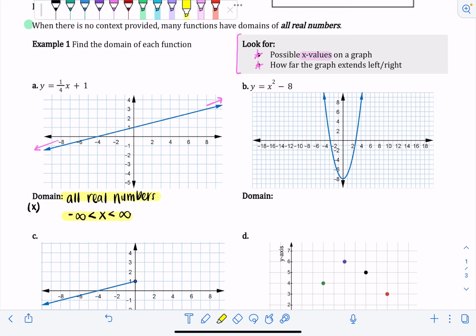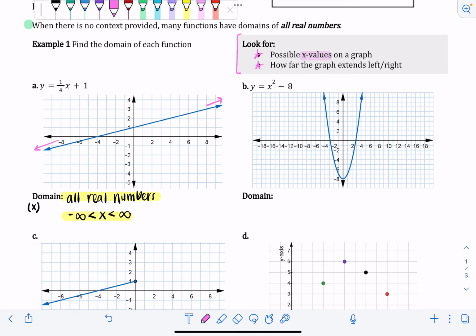Okay, and then for B, our equation is y equals x squared minus 8. So again, look for the possible x values on the graph, or you could look at how far the graph extends left or right. It's kind of hard to tell, but this graph does start to go up steeply a lot, but it'll never go completely vertical. That would make it no longer a function because it would fail the vertical line test.